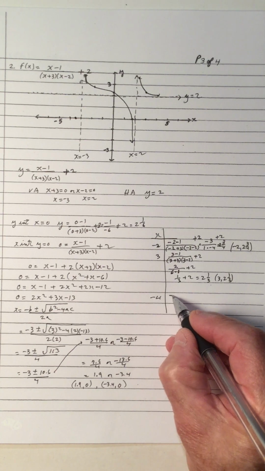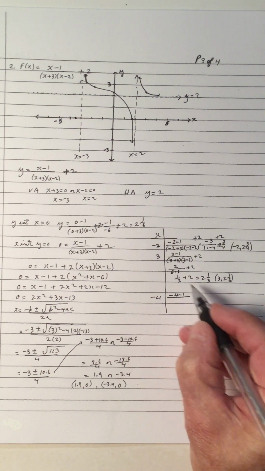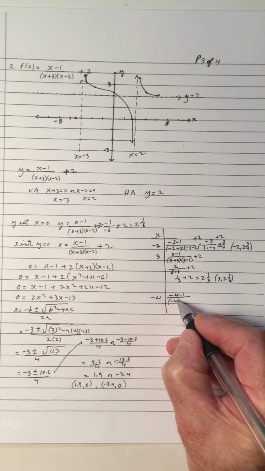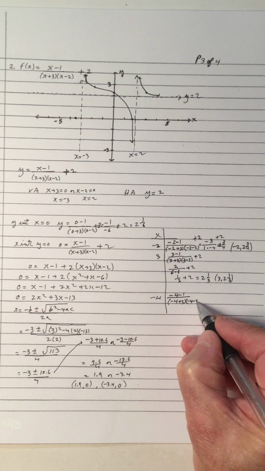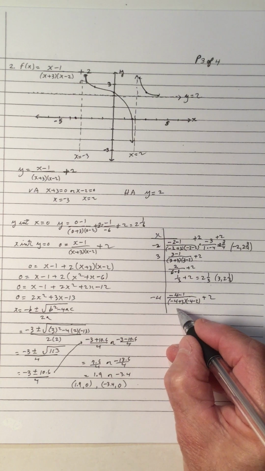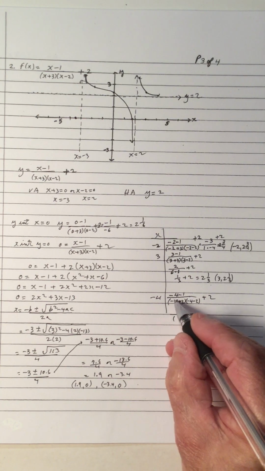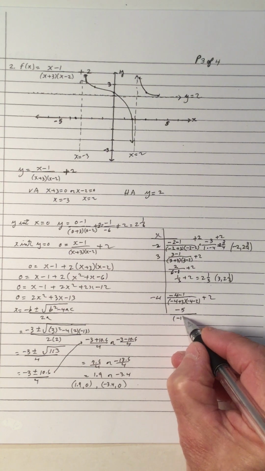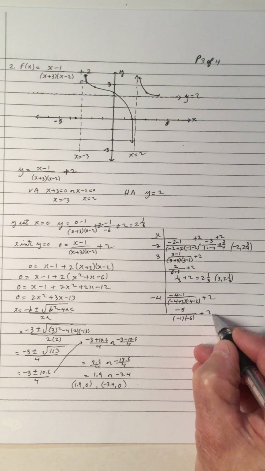So we got a -4 minus 1, and we have a -4 plus 3, and a -4 minus 2, plus 2. So that's a -5 over, this is a -1, this is -6, plus 2.